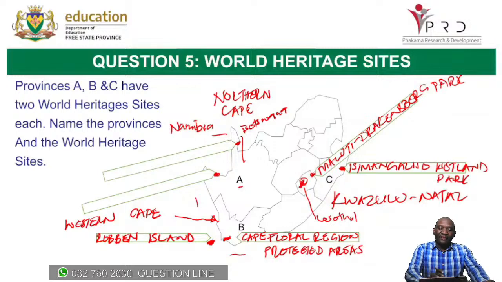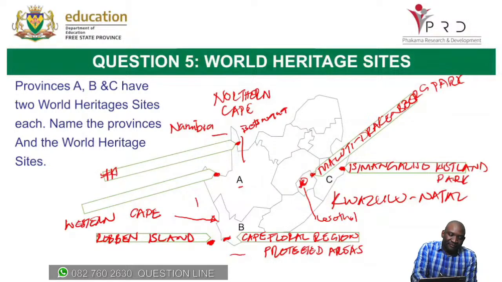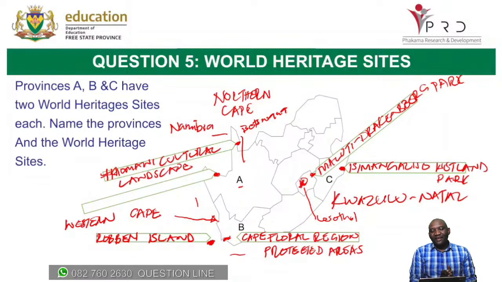And that can tell you that this is a semi-desert area and is inhabited by the descendants of the San people. And this one will be the Komani Cultural Landscape.